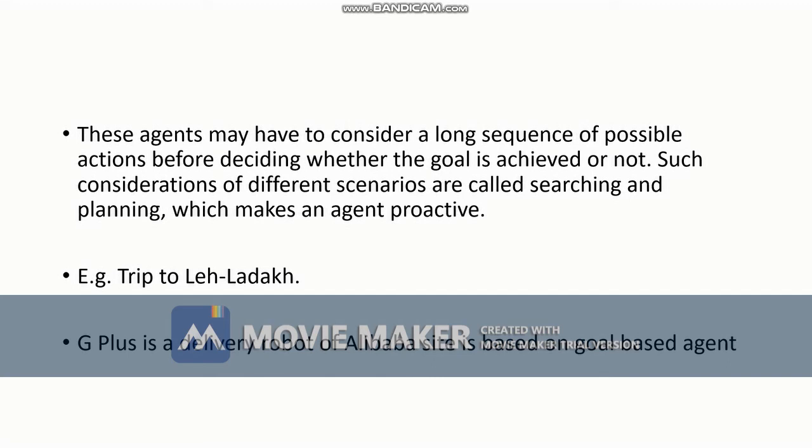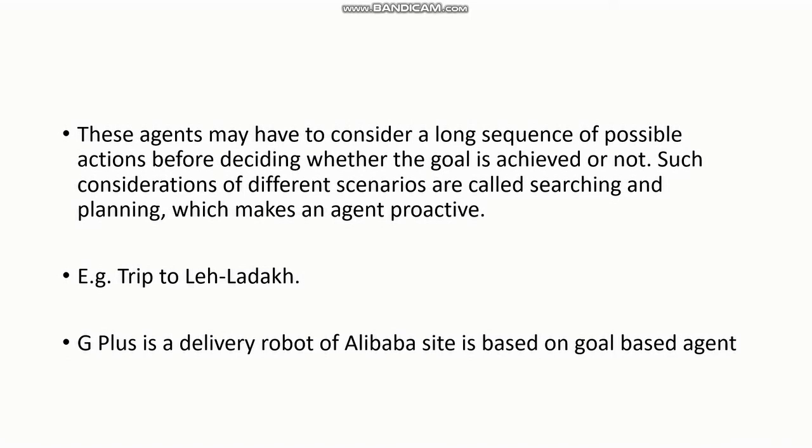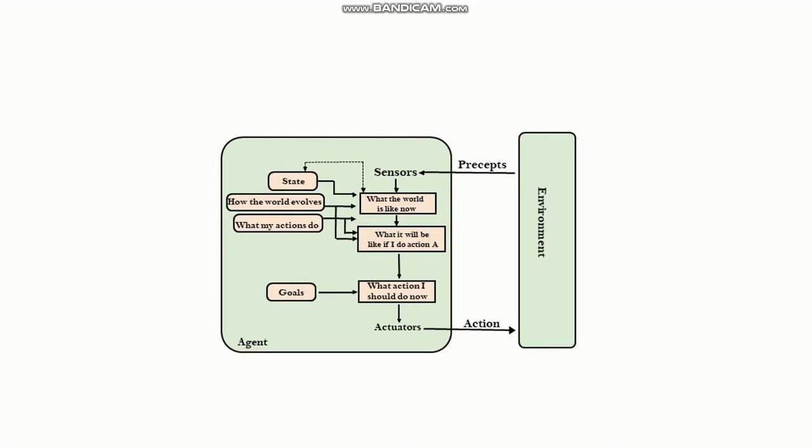In the current scenario, Gplus is a delivery robot of Alibaba which is based on a goal-based agent. This is a live example of how goal-based agents are used in technology. So this is all about the goal-based agent.